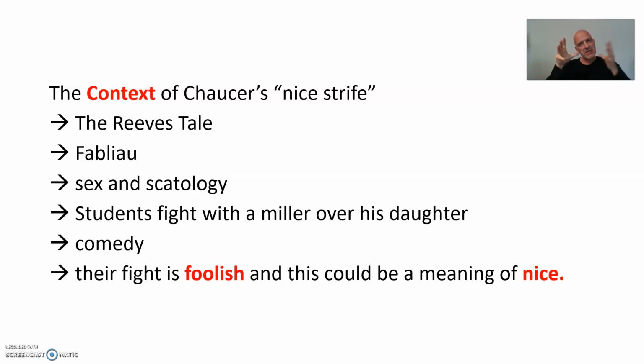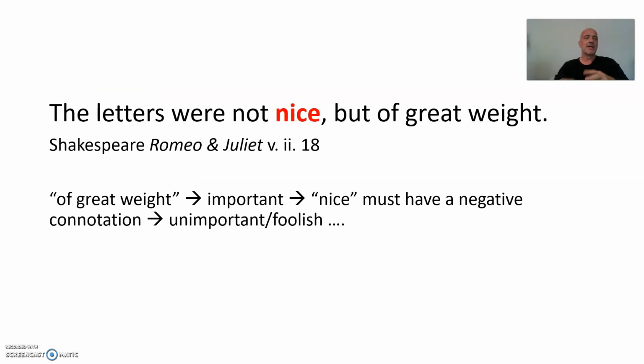And so the meaning we should probably apply to nice there is a foolish struggle, a foolish disagreement. Oh, this is exactly what it was. It was foolish. So the question is, did nice mean foolish? Something like that. So not at all pleasant, the meaning we have today.